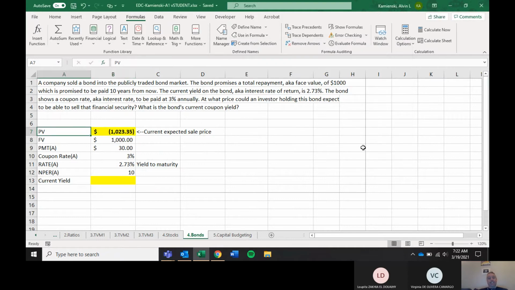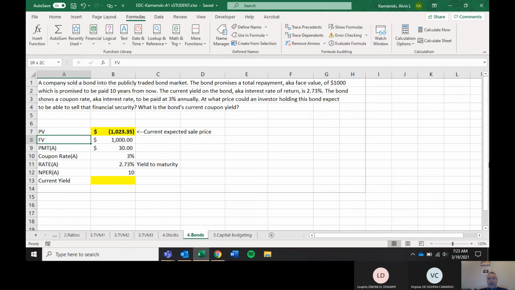What that suggests is that the current price of this bond, I'd be willing to pay up to $1,023.55. Would you pay a penny? Sure. If you're going to give me $1,000 in 10 years and $30, of course I'll give you a penny. Would you give me a dollar?